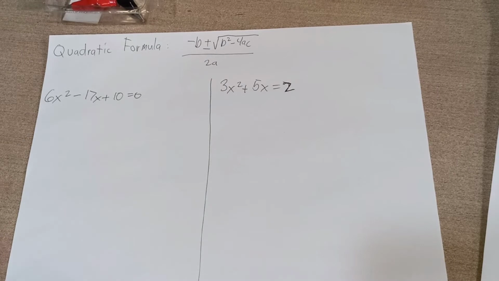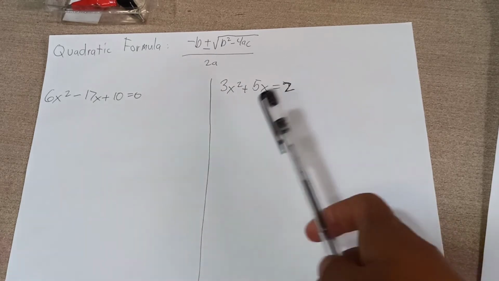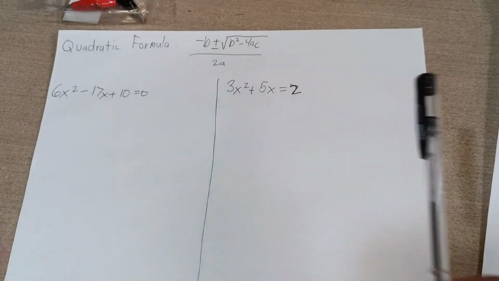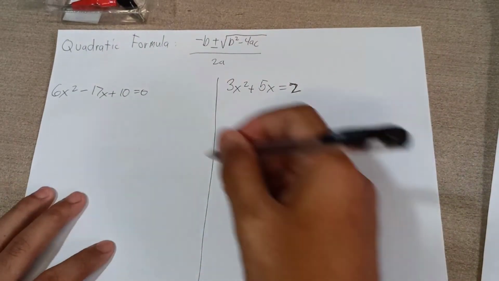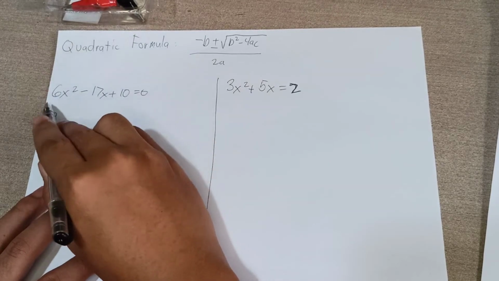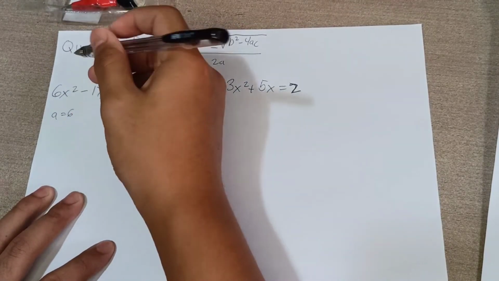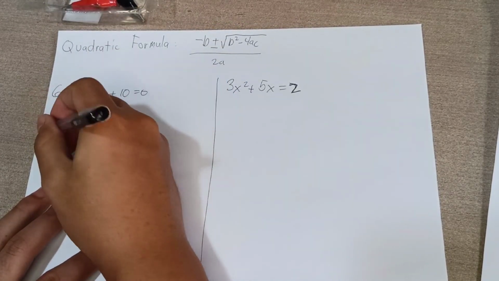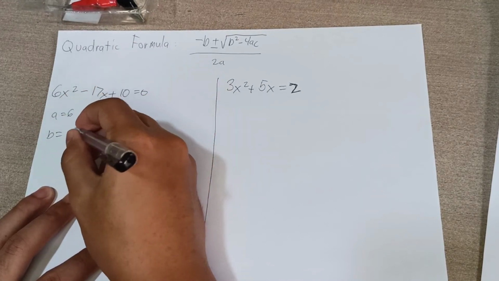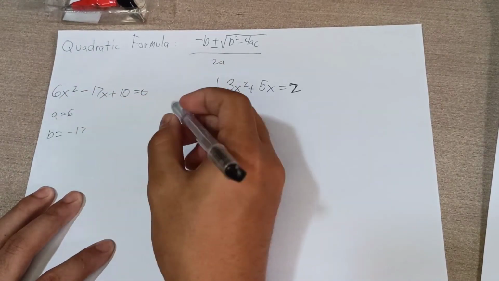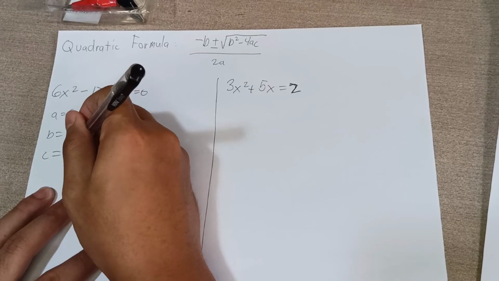The only thing we will do is input the given symbols into our formula. Our a will be 6, our b will be negative 17, our c will be positive 10.